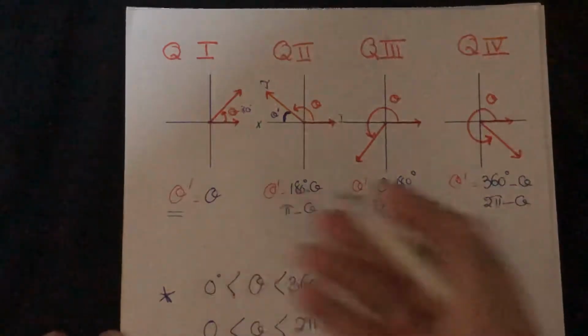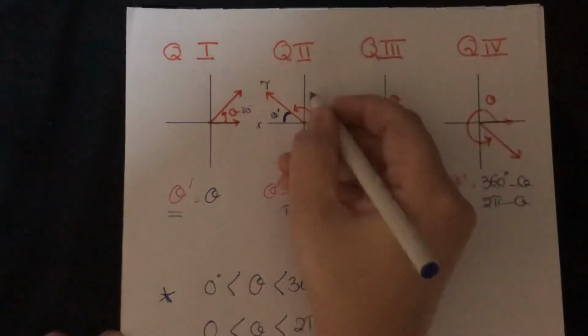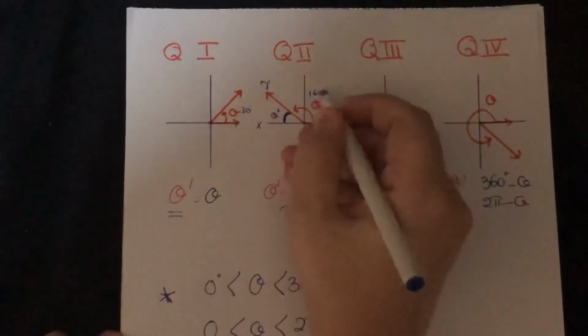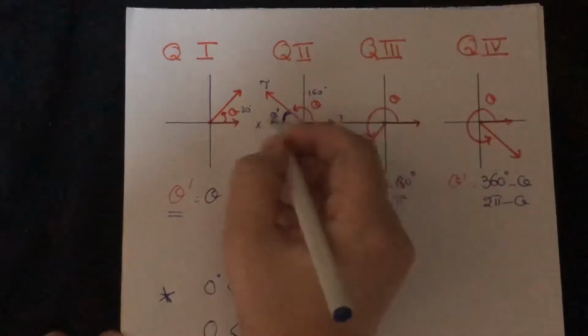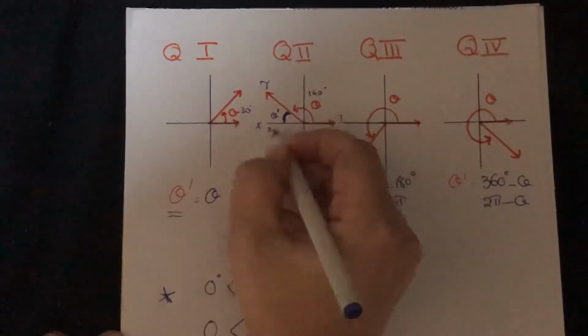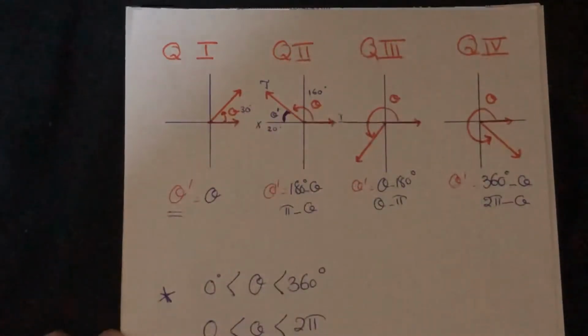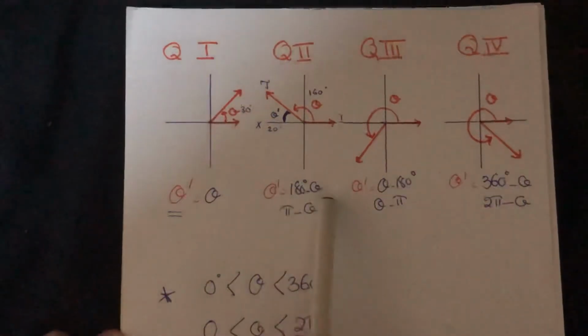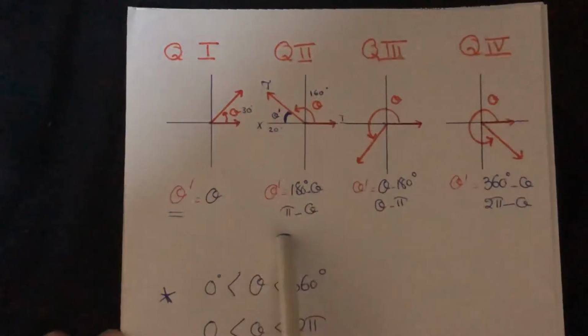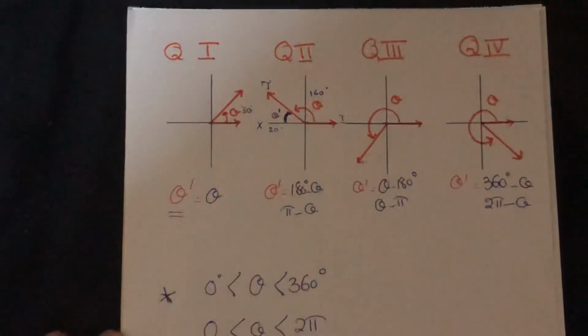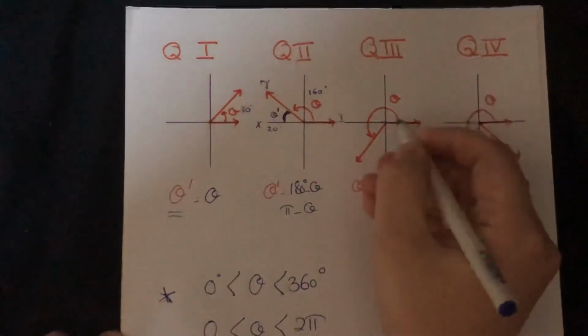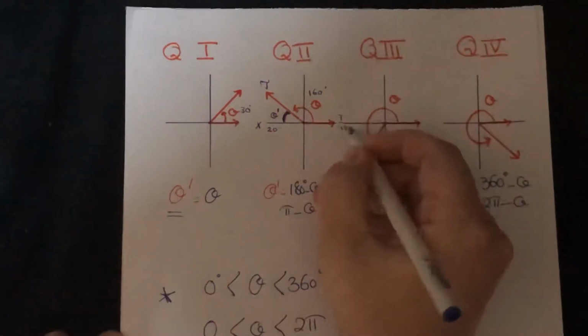So if this is, for example, 160 degrees, then obviously this piece would be 20. So the rule is 180 minus theta, or if it's in radians, pi minus theta.